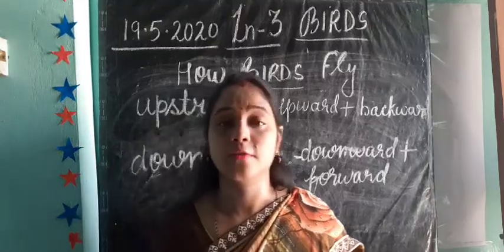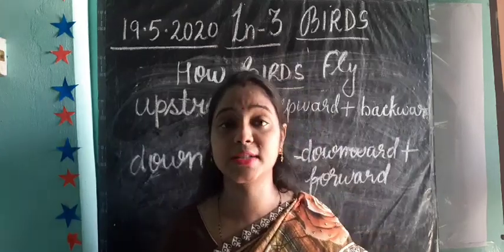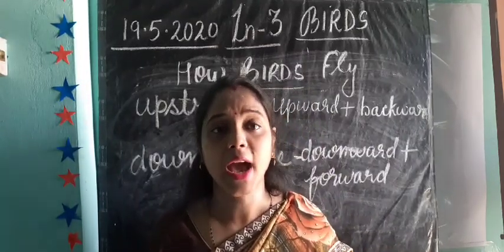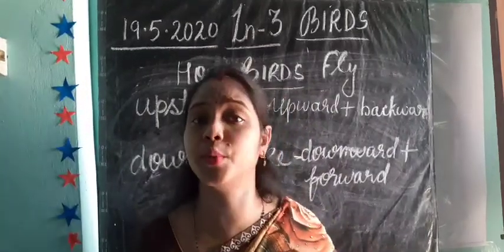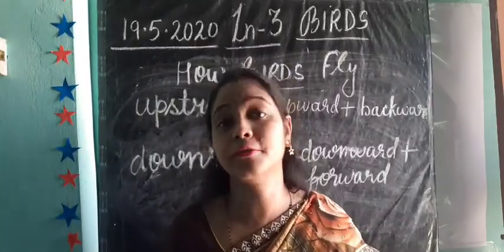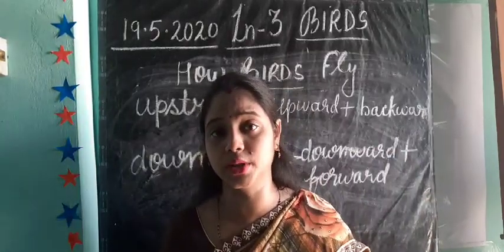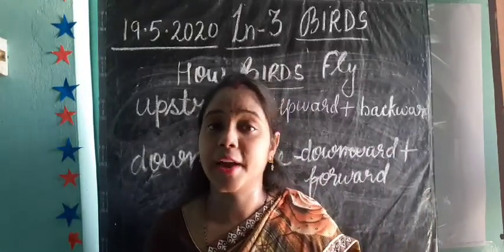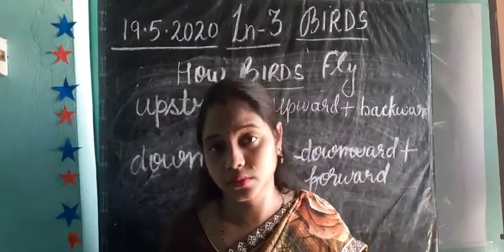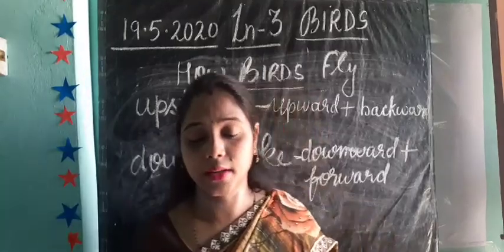Why can they not fly? Because their body is very heavy. As you can see, a heavy boy or heavy girl, a fat boy, fat girl cannot run fast. Like that only, heavy birds are not able to fly. Clear? Then why?